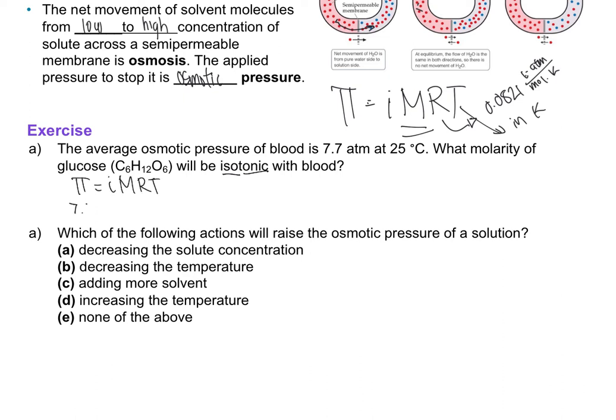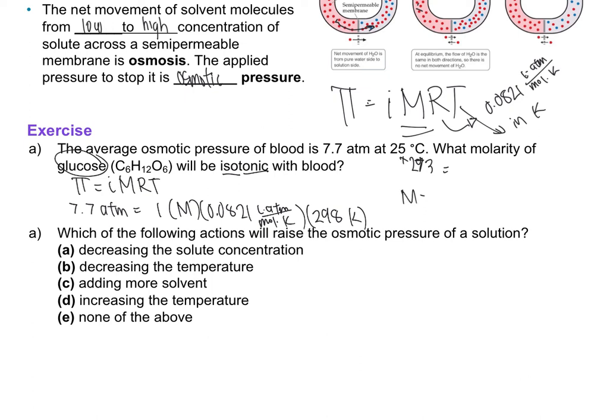So I'm going to plug in 7.7 atmospheres equals 1, glucose is a molecular compound, times molarity, times R, times temperature. So 25 degrees Celsius, we need to get it in Kelvin, so add 273, and I get 298 Kelvin. So I'm going to divide that over.